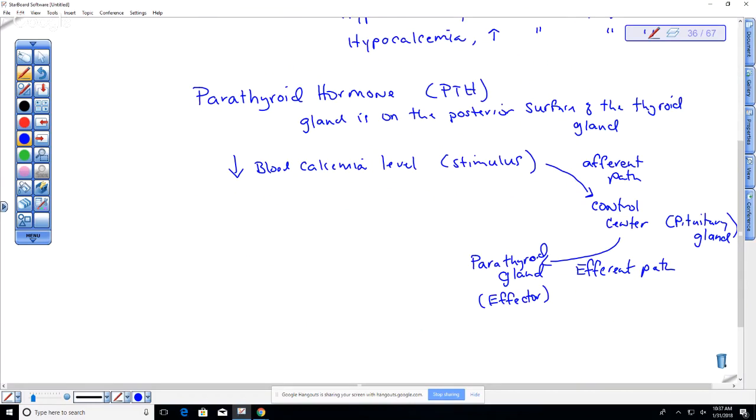So the parathyroid gland then releases the hormone. So we have the release of the PTH hormone. It goes to the bones. So remember, hormones are produced by endocrine glands and they travel in the circulatory system. So the parathyroid hormone would then bind to receptors in the bone and increase osteoclast activity.